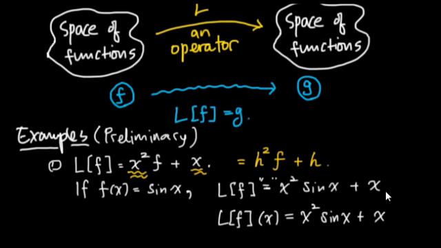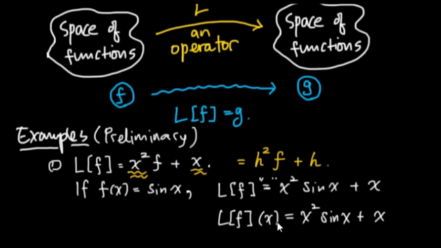So the better notation than this one is the following. F is a function, and L F is supposed to be the new function generated out of this operator process. So this whole thing, L F, stands for this function notation G, another symbol. To turn this one into a number, you have to plug in a number into a function here.